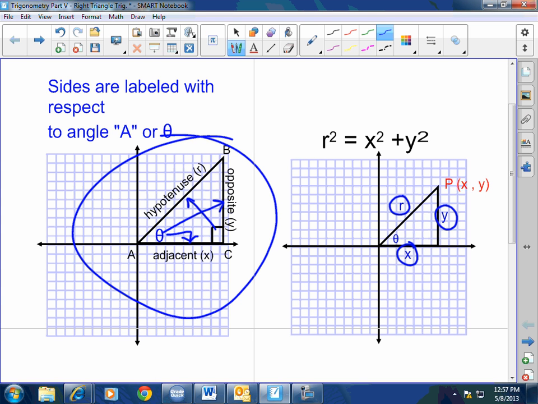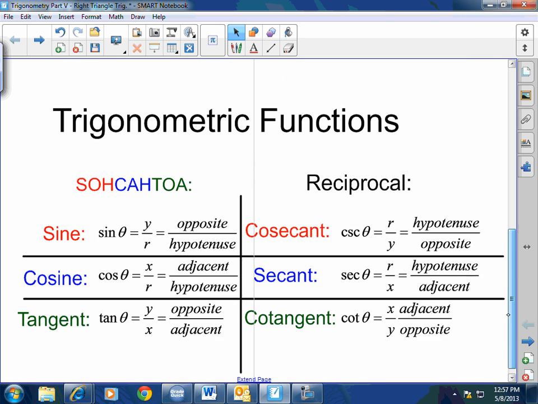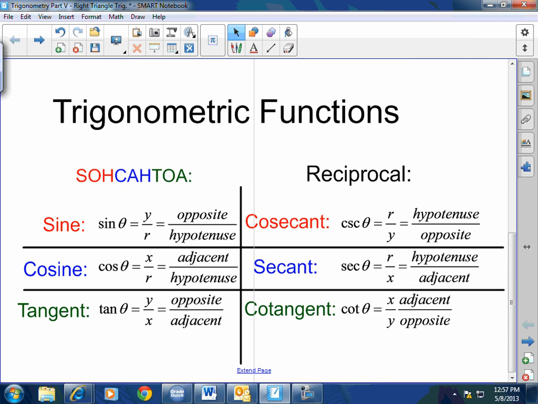Okay, but we got to walk before we run. That's all been done, and we've already talked about it. SOHCAHTOA. Sine equals the opposite over hypotenuse. Cosine is adjacent over hypotenuse. Tangent is opposite over adjacent. The sine has a reciprocal function called the cosecant.